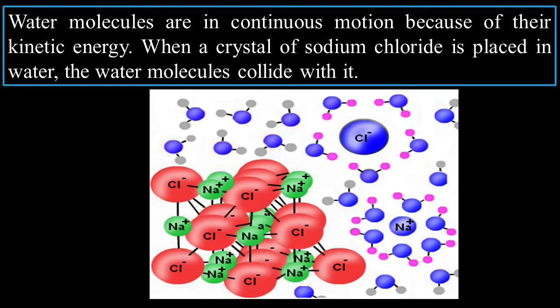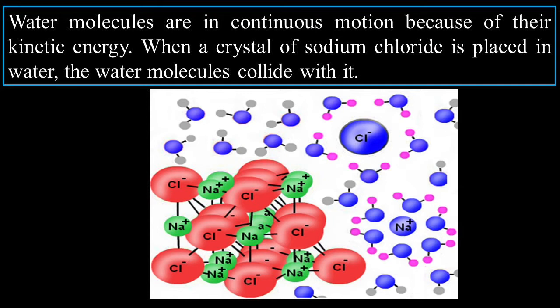Water molecules are in continuous motion because of their kinetic energy, again, joules. When a crystal of sodium chloride is placed in water, the water molecules collide with it. Now we're getting into the beginnings of solvation, the beginnings of the solution process.